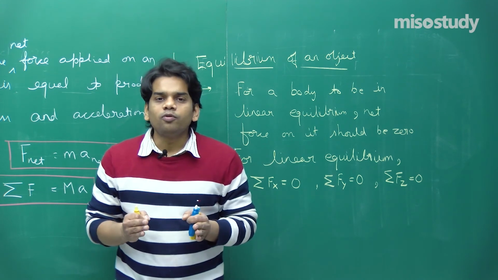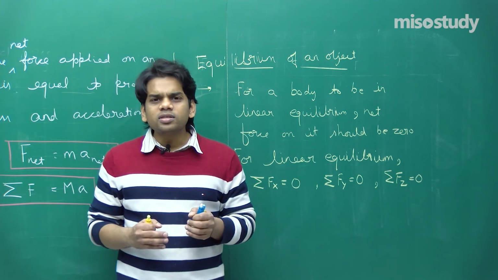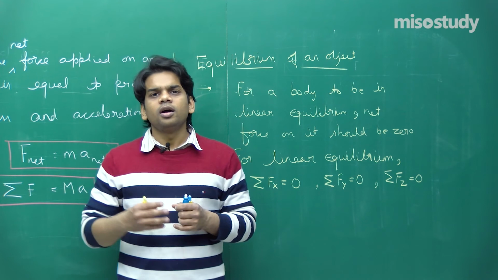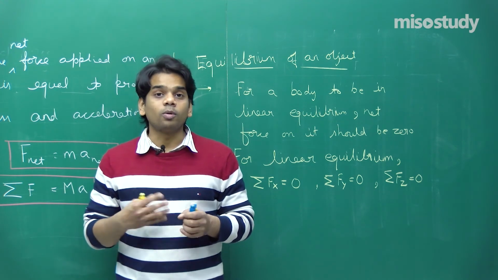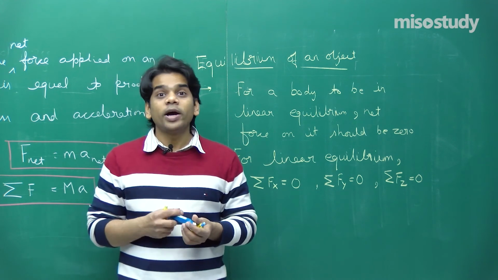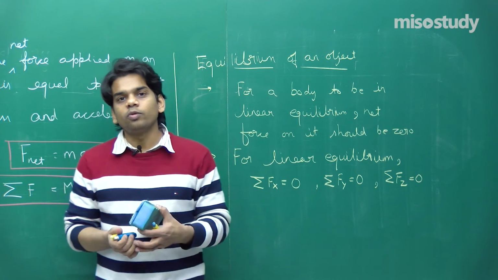I talked about force equal to mass into acceleration. Now these forces can be of different types, which we'll see in the coming session: the normal force, the tangent force, how to apply the tangent force, and how to find the normal force. That is not possible in today's class, but I will tell you in the next class. Don't worry about that.